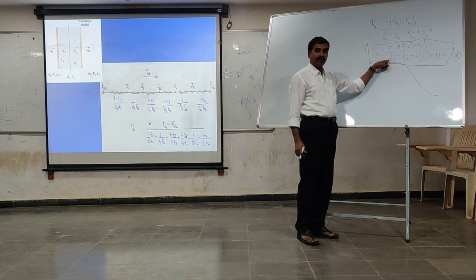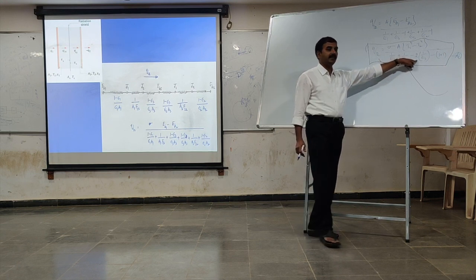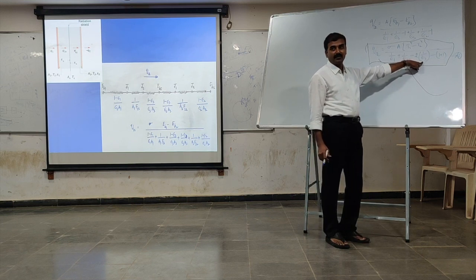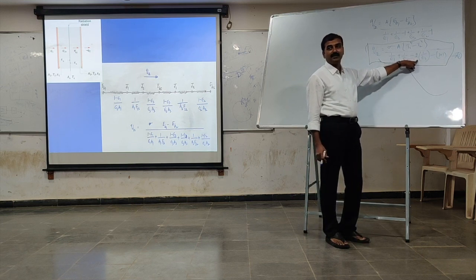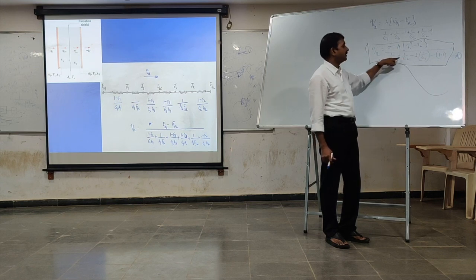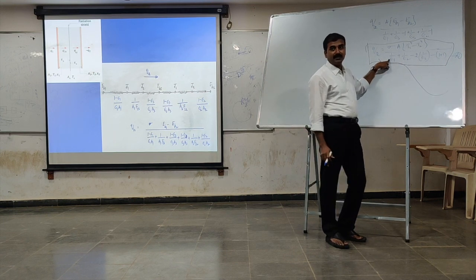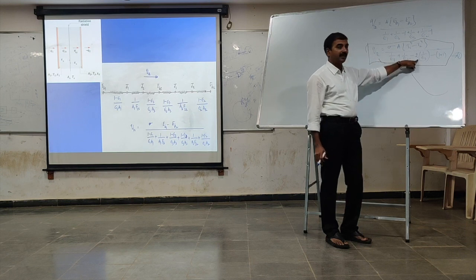Each one time only, 1 by epsilon 1, 1 by epsilon 2. But here there are 2 times. The surface resistance of the sheet is coming twice. Why? Each one of these 2 plates, 1 and 2, is contributing only one resistance. Here there are 2 resistances of the shield. Why?